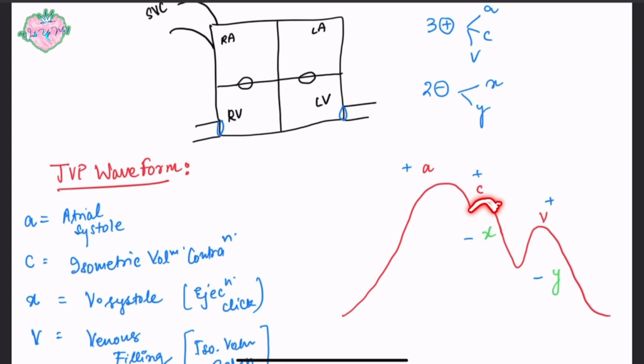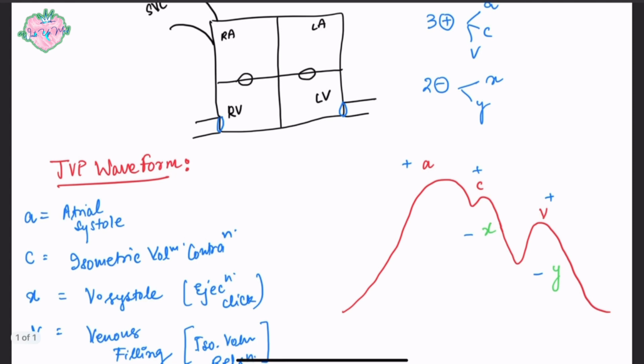After that, there will be the opening of the aortic and pulmonary valves, which produces the ejection click, and the blood from the right ventricle goes out through the pulmonary artery, and from the left ventricle through the aorta. Here we are talking about the right side of the heart. You hear the ejection click sound, and this is the time when the ventricle is in the contraction state, or ventricular systole.